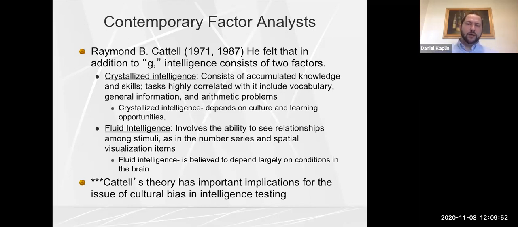So a random factoid, there was a study that explored Nobel Prize winners in the math and sciences, and they compared them to those who won a Pulitzer Prize for their writing.